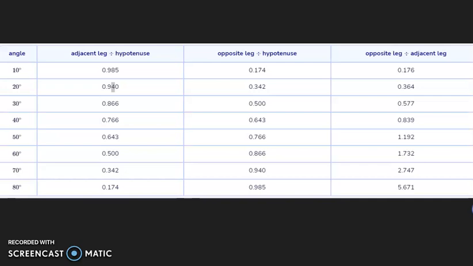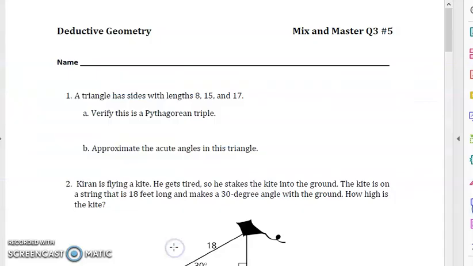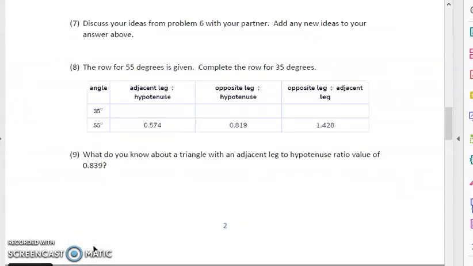So going back to our table, they're asking you to come up with the 35-degree answer. If you look at the two angles here, they actually do add up to 90 degrees.